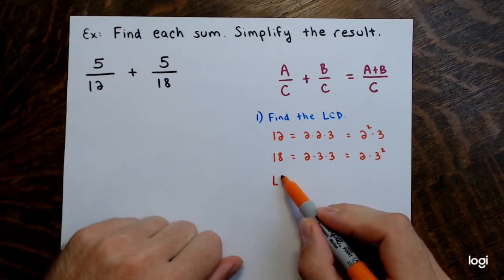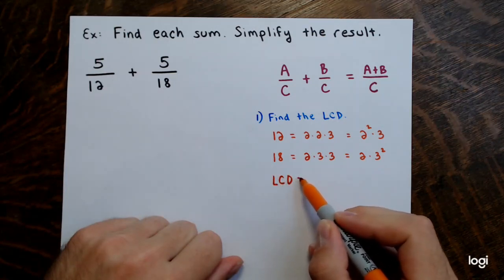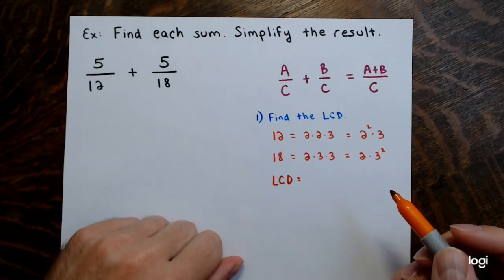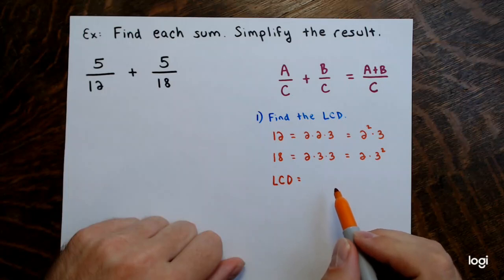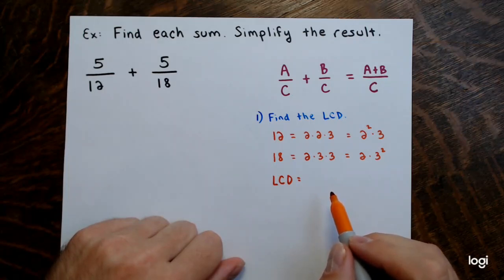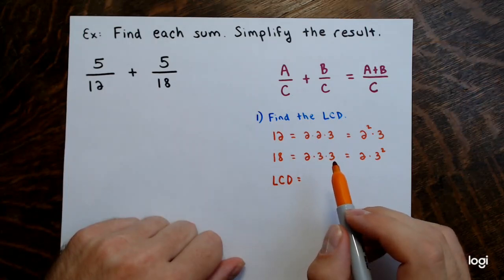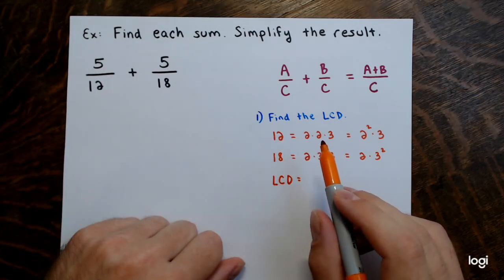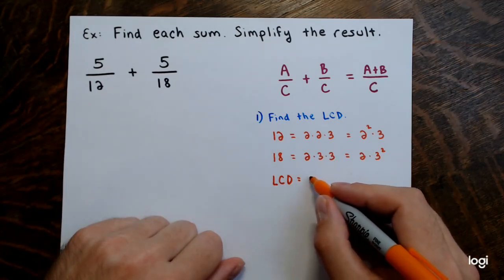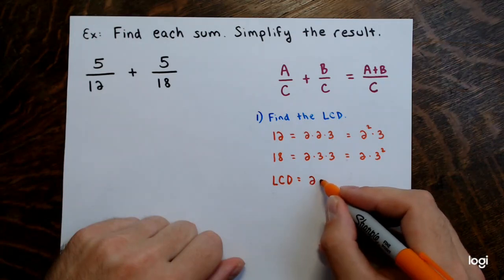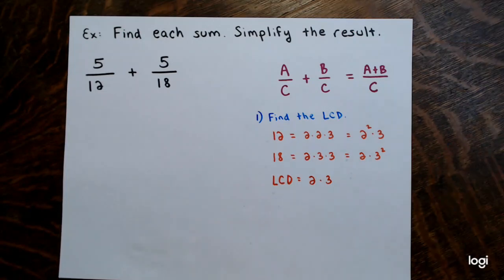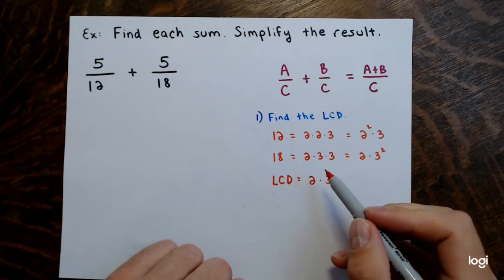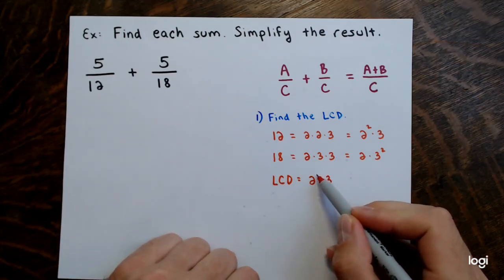Then the LCD, the least common denominator or least common multiple of the denominators, the factorization for the LCD will contain all the prime factors that show up in the factorizations of the denominators. So you got 2's and 3's, so the LCD is going to have 2 to some power times 3 to some power. Now the exponents on that, again, in my previous videos on finding the LCD, what's the power on 2 in the LCD?